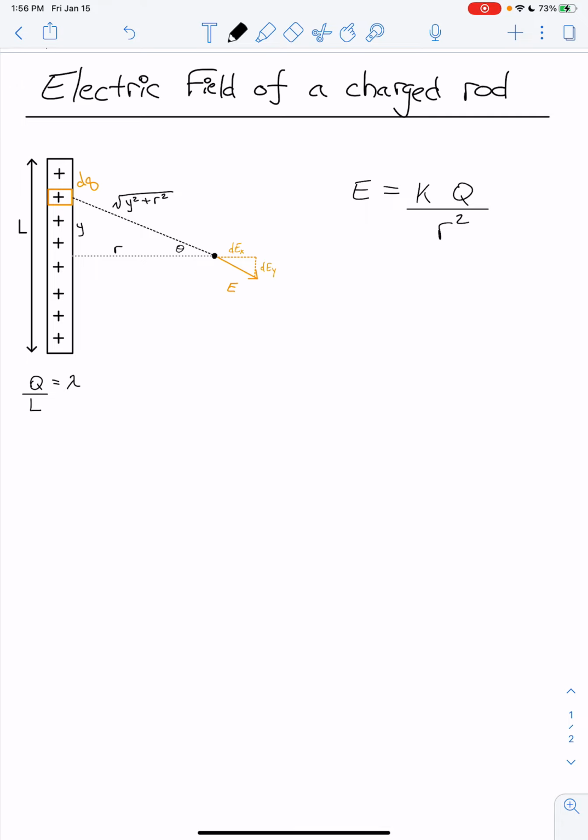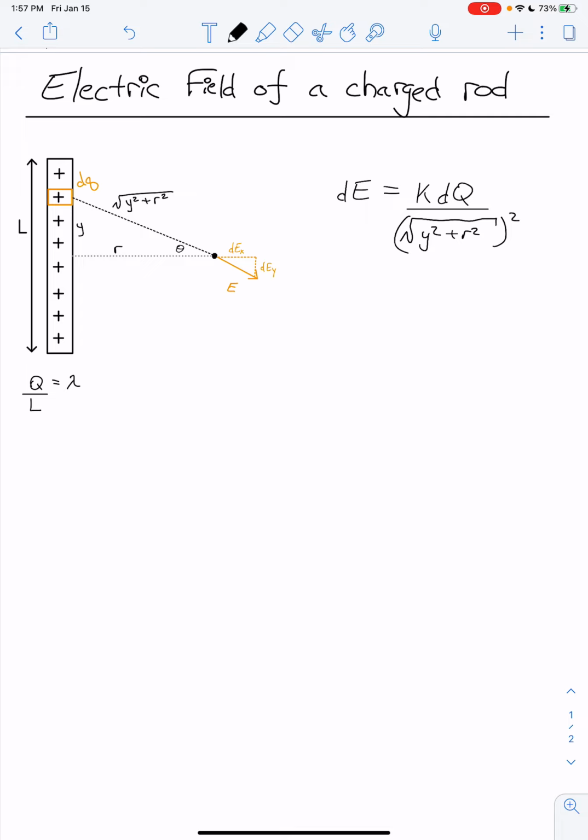What we're calculating is the dE caused by our dQ. Okay, so we've got a small piece of the electric charge that's producing a small piece of the electric field at that point. In addition, instead of R in our equation, what we're going to have is this distance, square root of y squared plus r squared in the diagram, and that's all squared.